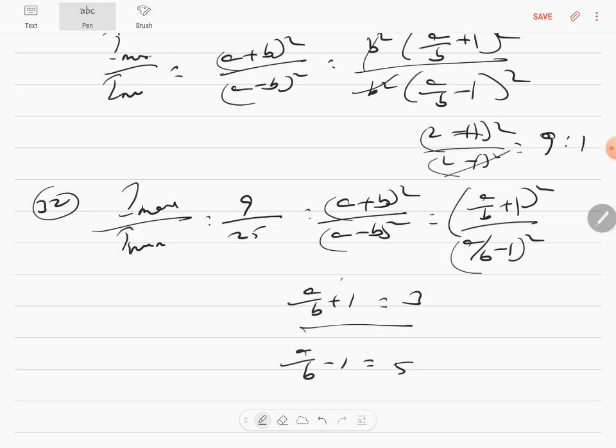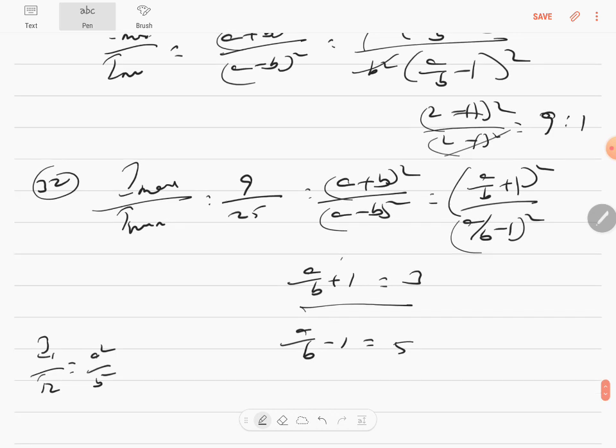What are they asking you? The ratio of intensities of minima to that of maxima is 9 is to 25. Find the ratio of the width of the slits. Width of the slit is I1 by I2, which is A square by B square. You need A square by B square, so you need A by B, correct? So we are proceeding in the right direction.